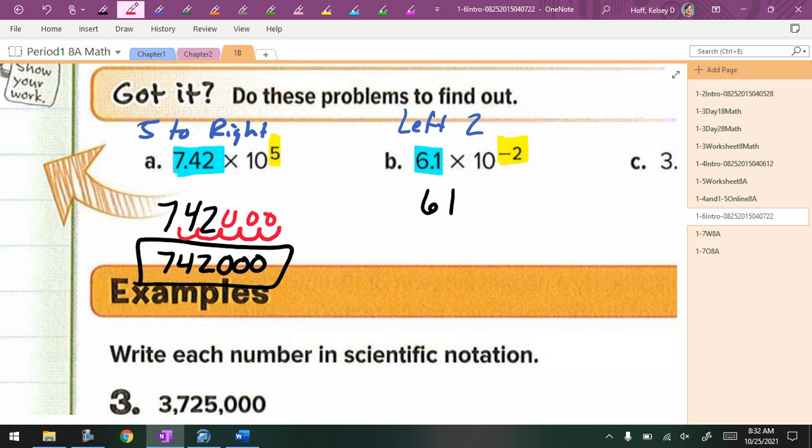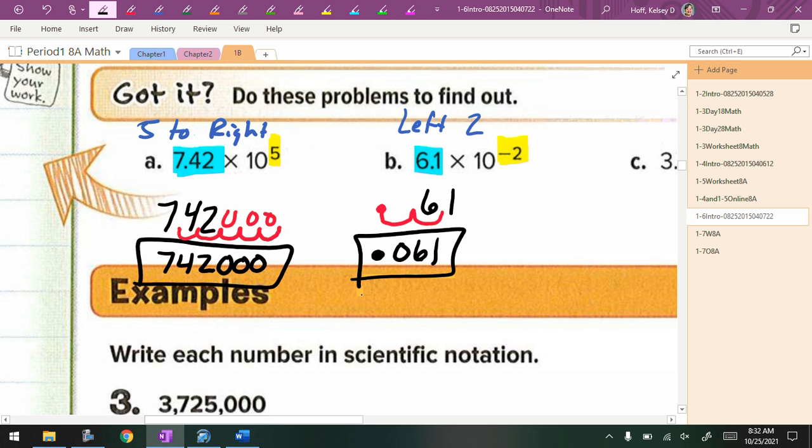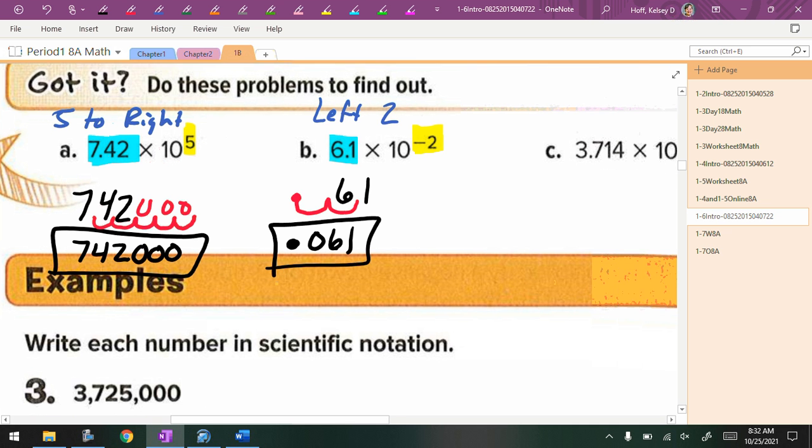Between the 6 and the 1. So now you got to go to the left. 1, 2 swoops. Now my decimal's out here. So I have to rewrite my final answer: 0.061.